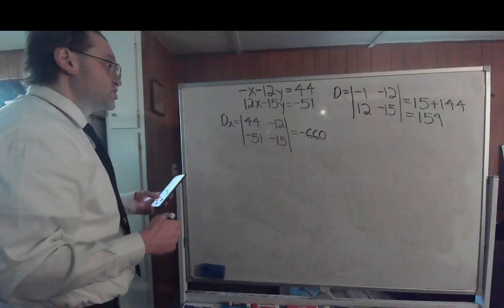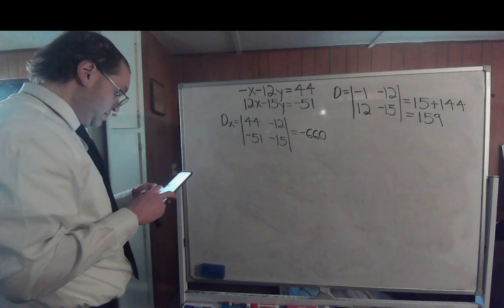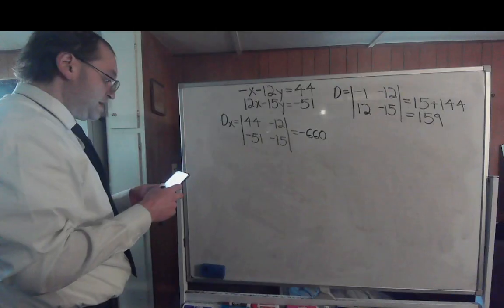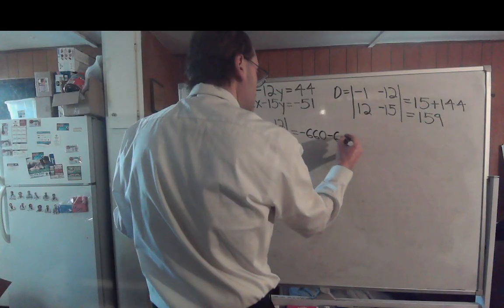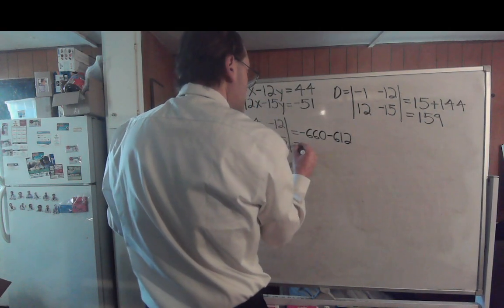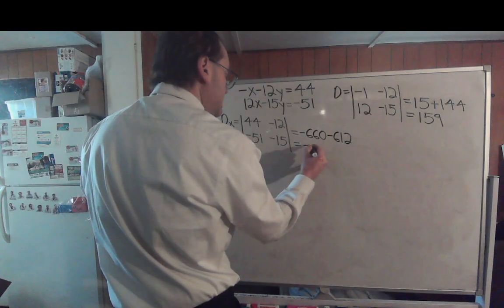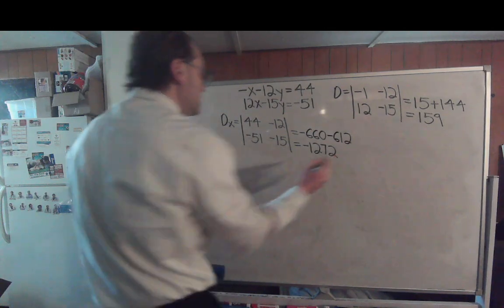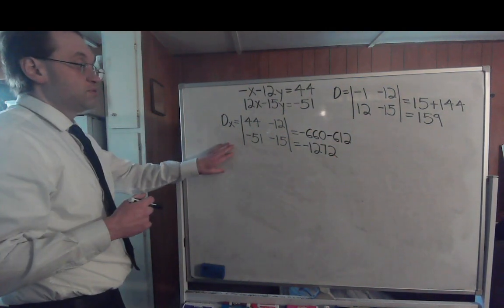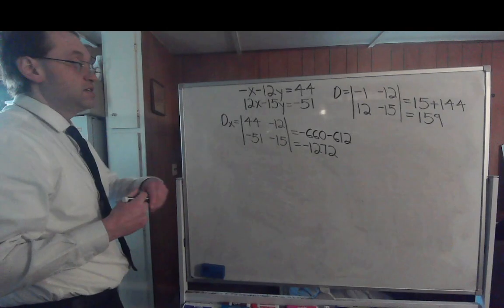So this turns into 12 times negative 51. That'd be minus 612. Which would end up equaling negative 1272. So d sub x is equal to negative 1272.